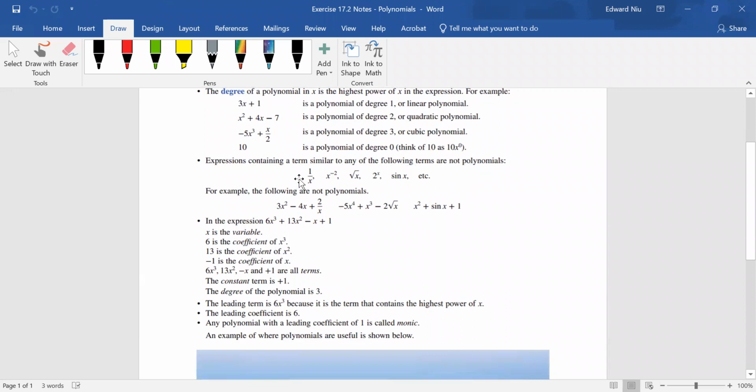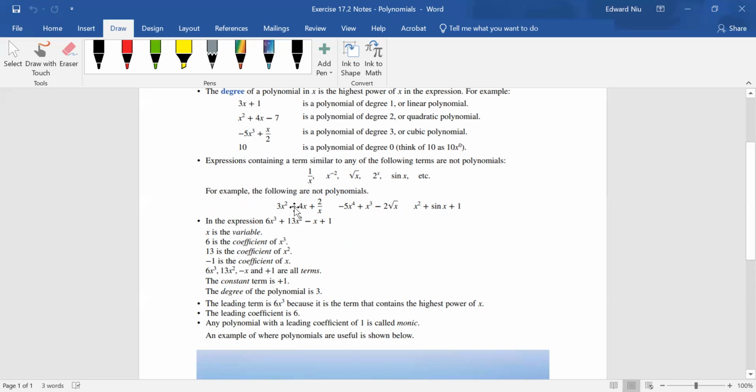So we cannot have fractional powers where we've got 1 on x. We cannot have negative integers. We cannot have surds. We cannot have x as a power. We cannot have sine x, and so on and so forth. Okay, can I make it explicitly clear? For it to be a polynomial, the power needs to be a positive integer.